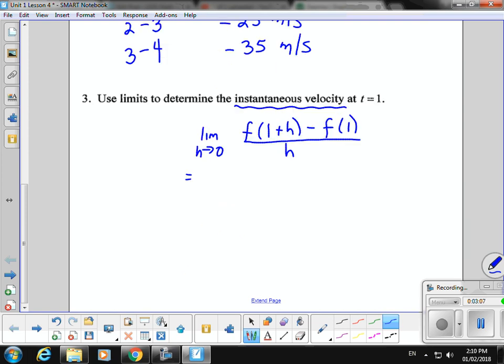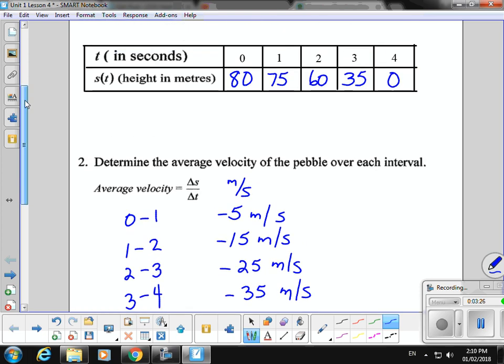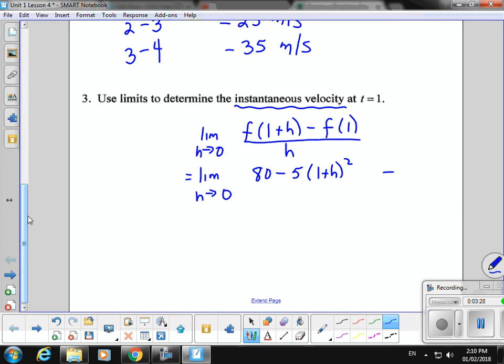Here we go. The limit as h approaches 0 for 80, subtract 5 (1 plus h) squared, subtract the value of the function at 1. Well, we already have a value for that, so instead of writing out the equation, I'm just going to my chart and say, oh yeah, that was 75, because I have that point (1, 75).